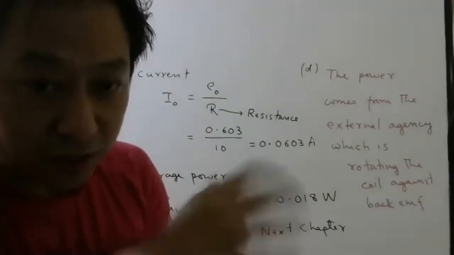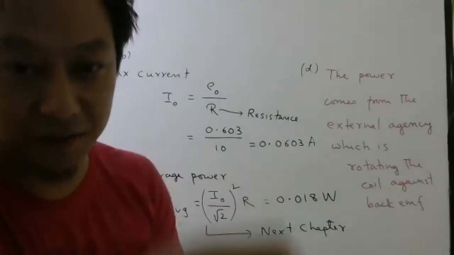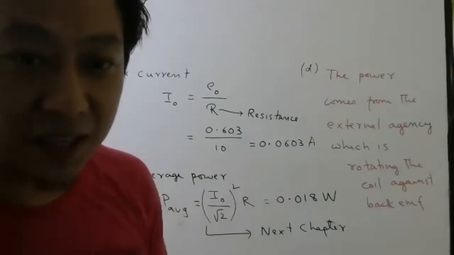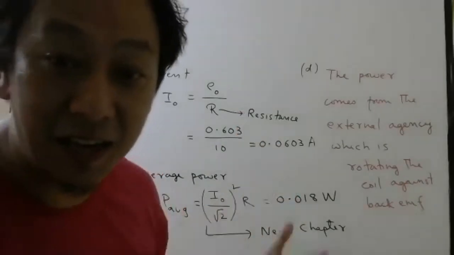So if you want to continue the rotation, you will have to apply external torque, and therefore you will have to spend energy, and that energy is actually getting transferred as electrical energy.